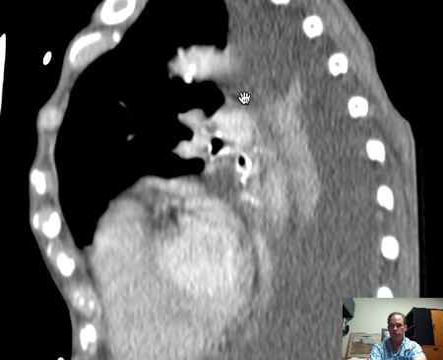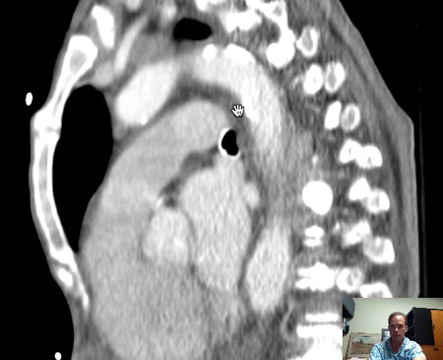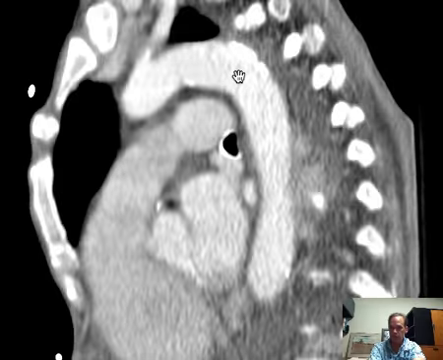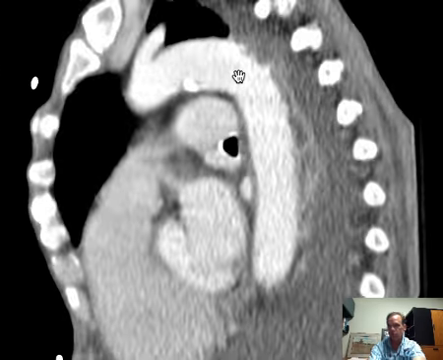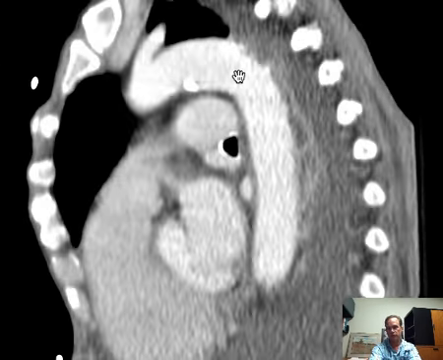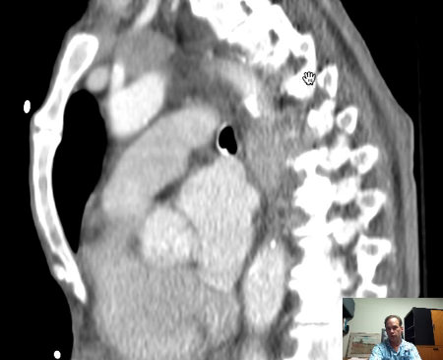So if we go over leftward here, you see main pulmonary artery branching. If you look at the aorta, though, you don't see any branching. Any branches here are very small because this is the descending thoracic aorta, and all it really provides blood flow for are some of the structures of the chest wall along that length.